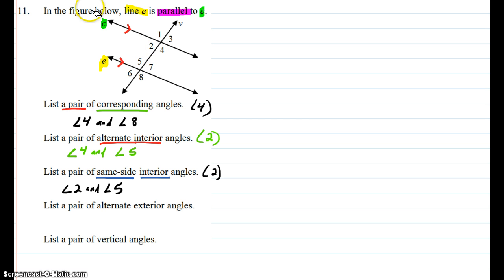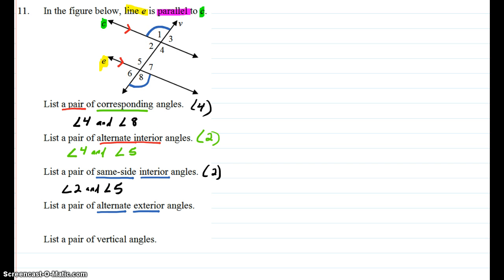The next one is alternate exterior. So we've seen this word alternate already, but now we have the exterior, so our answer is going to be on the outside. So angle 1 is on the outside, and so now the alternate of left would be right. The alternate of being up here is down here, so it would be 1 and 8.